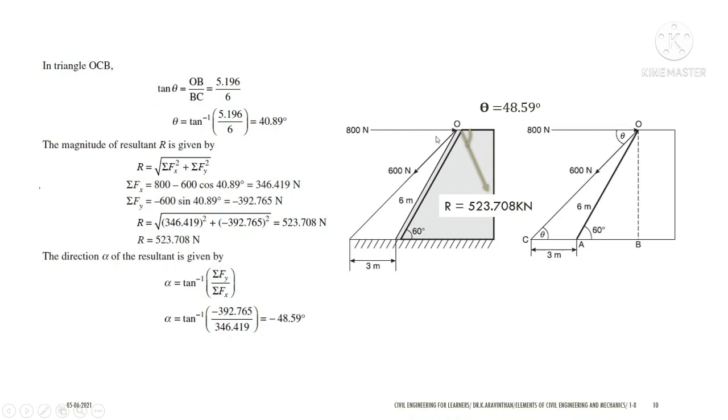So this is what the angle indicates. The force is acting downward. Why? Because the angle is negative, 48.59 degree in terms of negative side, the resultant is 523.708 kilonewton. So this is where the resultant is applied, and now you have found out the components which are required.